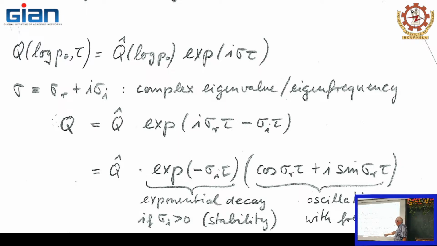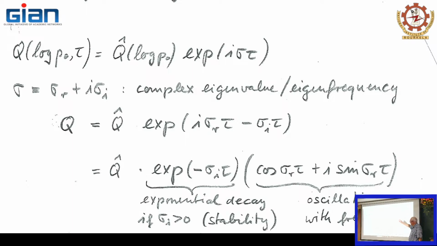If sigma I is negative, then we have an exponentially increasing amplitude of our perturbation. This would correspond to an instability. And the second term can be written in terms of cosine sigma RT and sine sigma RT. This corresponds to an oscillation with frequency sigma R.